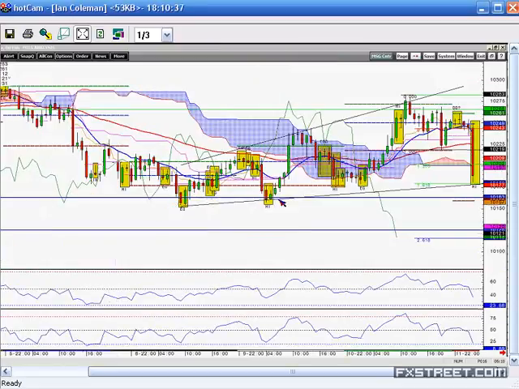So this blue line was our area of support. We want to get some confirmation, price action yet again, of a move higher from this level. That's why this is highlighted in these boxes. What I want to see is an engulfing pattern, or what I actually call an outside bar.